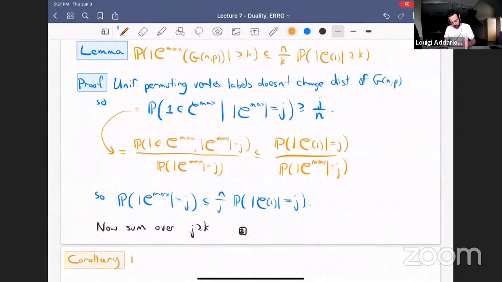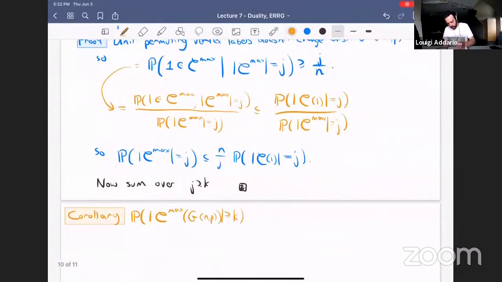The statement of this and its proof are basically the same, so I'm just going to derive the corollary, and that will be the proof. The probability that Cmax is at least k: we said that's at most n over k times the probability that the component containing 1 has size at least k. And that's at most, by Markov, n over k times the expected size of C1 divided by k.